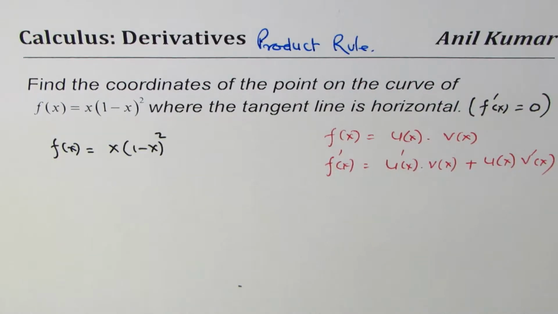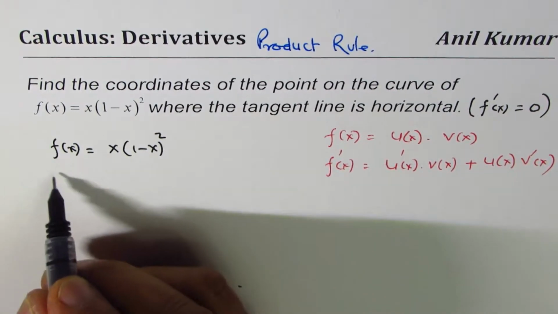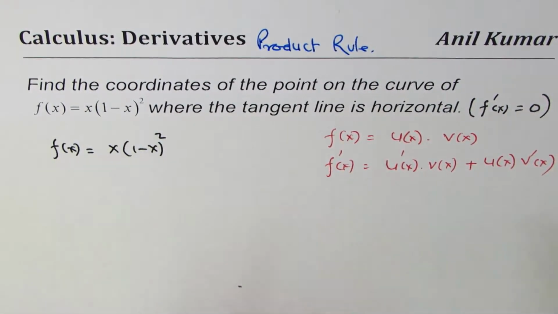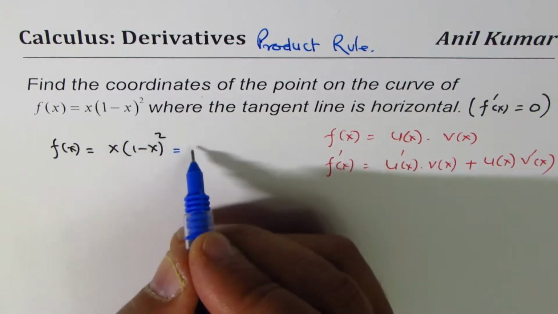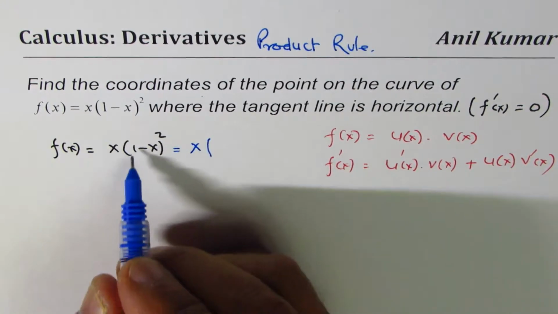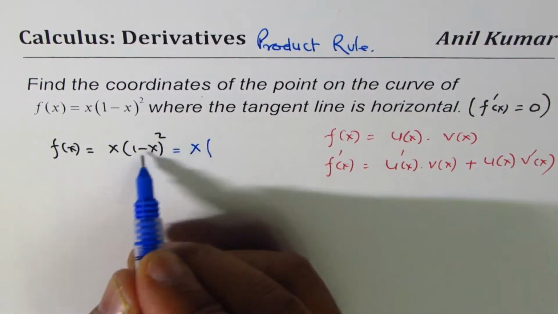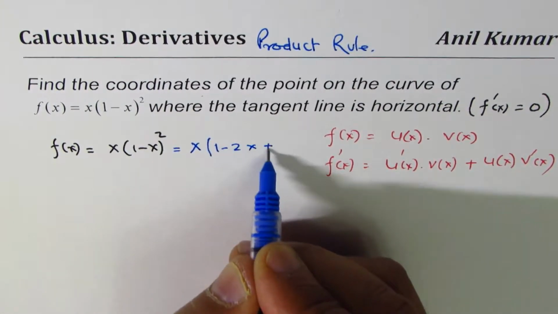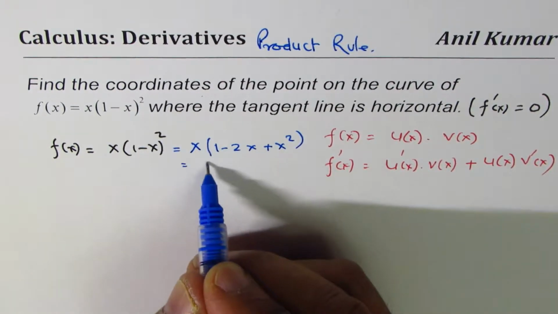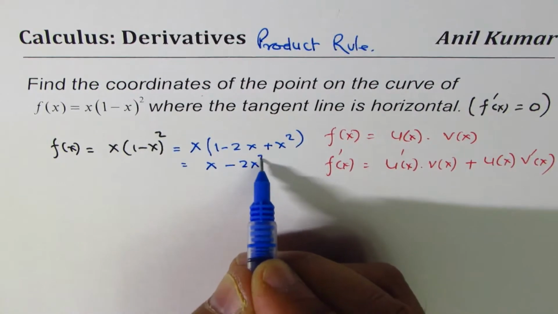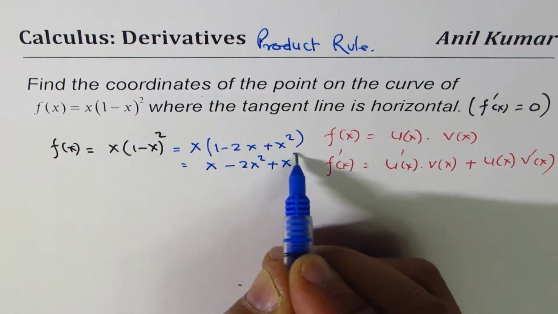Okay, so application of product rule. You could also do one thing. Some of you, let's go back to this, would actually expand this, right? So I'm not taking that approach here, which is also a good approach. 1 minus 2x plus x square, and you could open the brackets: x minus 2x square plus x cube, correct?